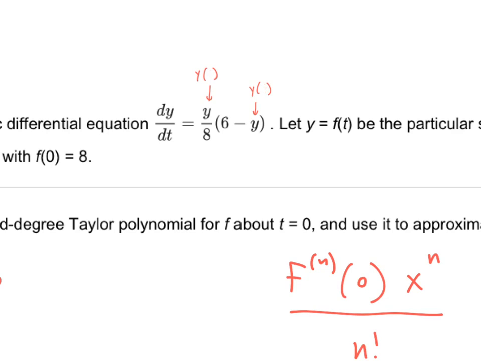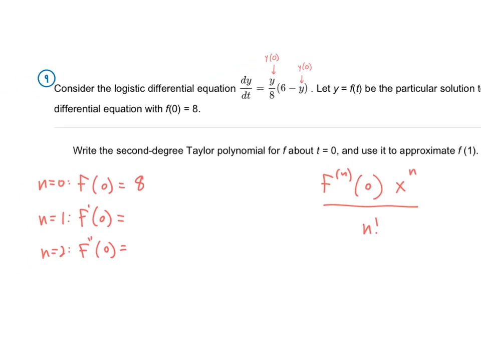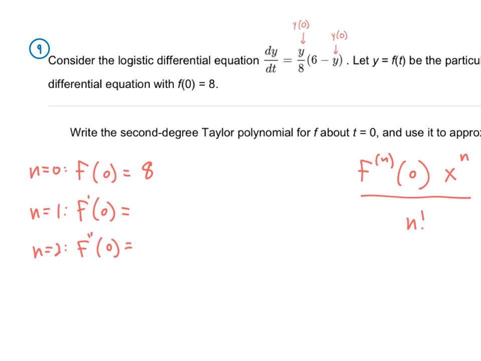So that's y of 0, and y of 0, f of 0, is really 8. So each of these y's really become 8s. So this is really 8 over 8 times 6 minus 8. And that's 1 times negative 2, so that's just negative 2.